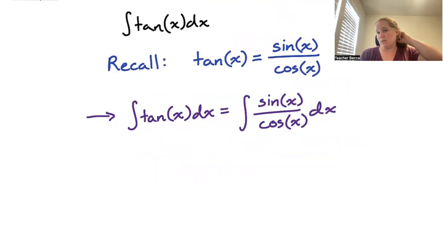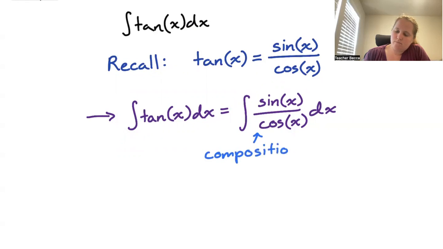Now we do have a little composition going on in that sine of x over cosine of x. We have an outside function of 1 over x.